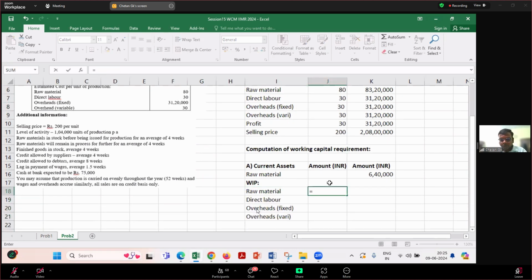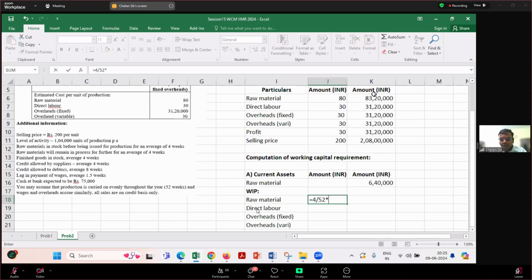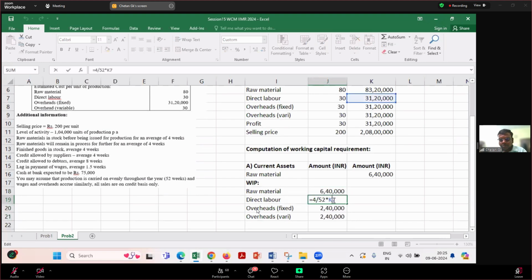So I go to the inner column. 4 divided by 52 multiplied by raw material. So it is the same order. I can double click. It's matching.